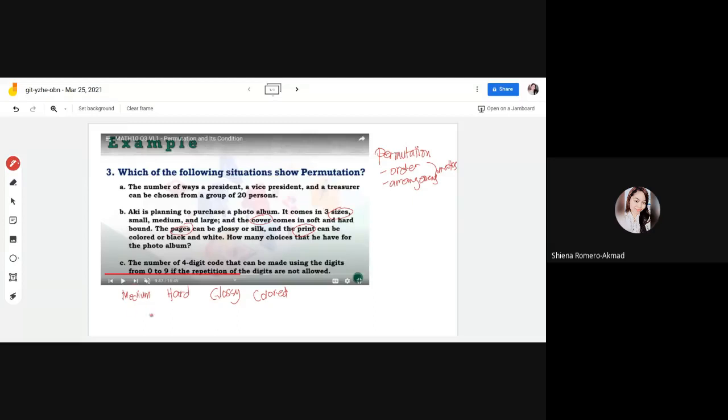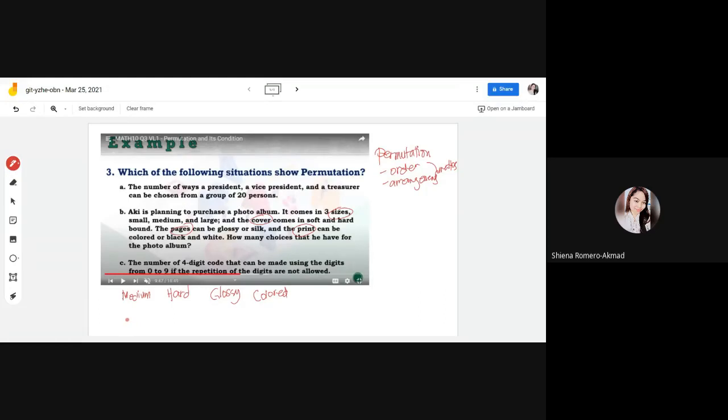So, kung ito yung nabuo natin na arrangement, ibig sabihin, pag nagkabali-baliktad yan, magiging iba na yung product natin.